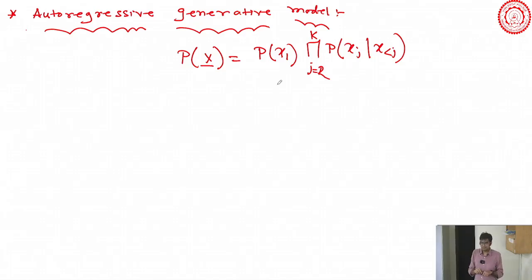So the question I want to ask is, can we imagine an autoregressive generative model as a type of flow-based model? Can we imagine an autoregressive generative model as a type of flow-based model? Think about it. The question is clear?